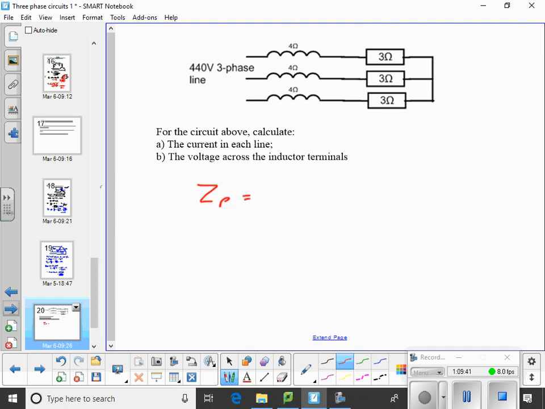How could I express that? How am I going to get this current?